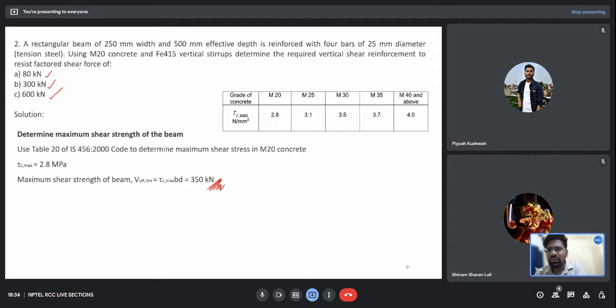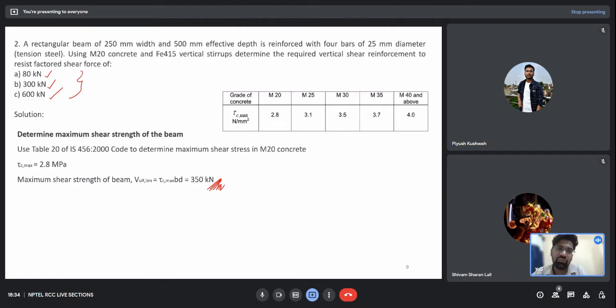All of these loads for which I have to design the vertical stirrups are less than 350 kilonewton, except case three, which exceeds the value 350. So what will happen for case three? Even if I provide any amount of stirrup for case C, my beam is definitely going to fail.